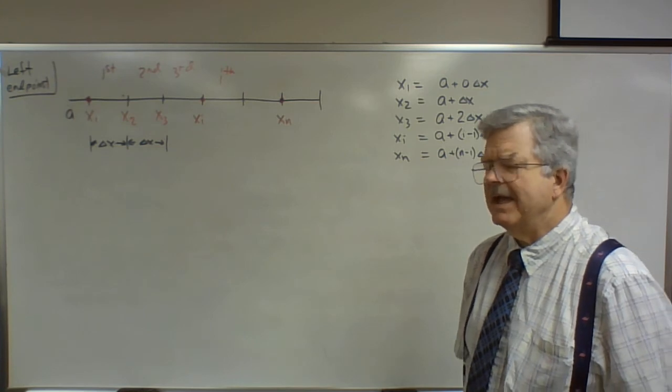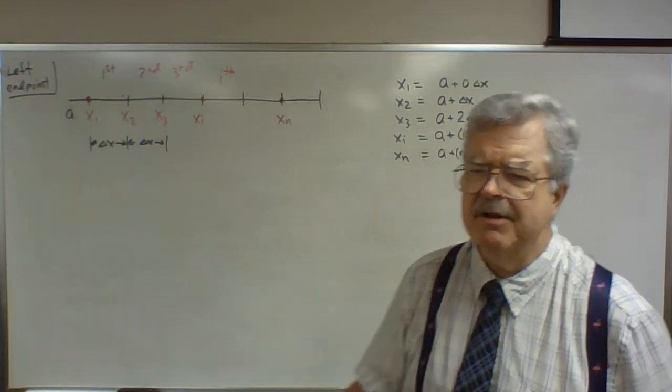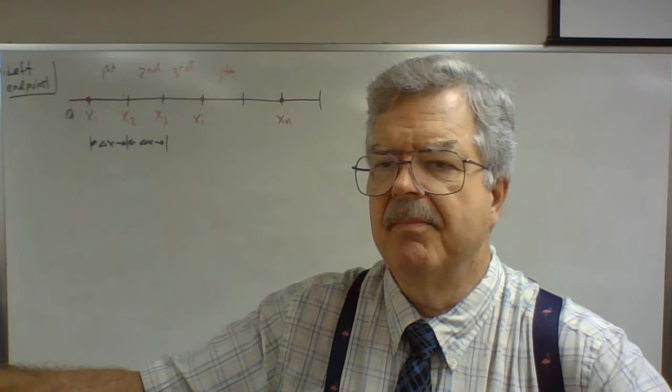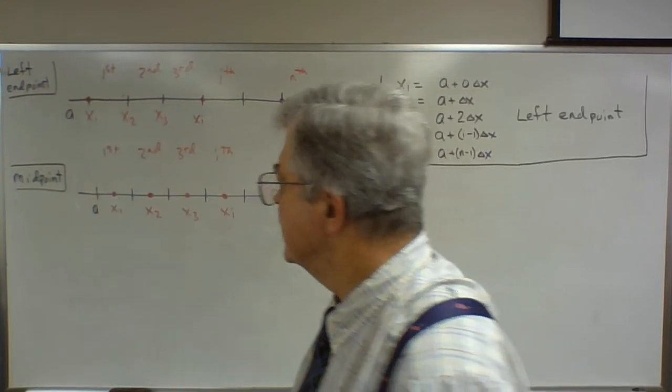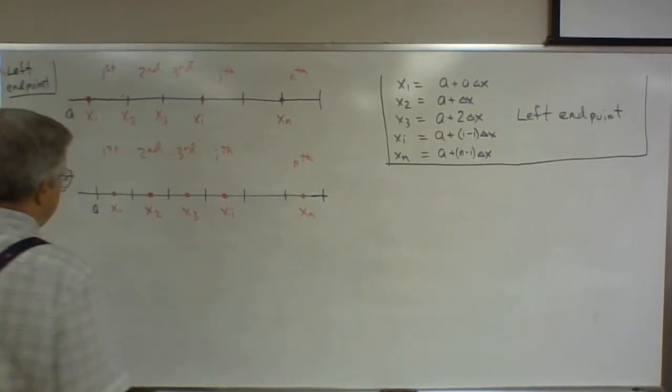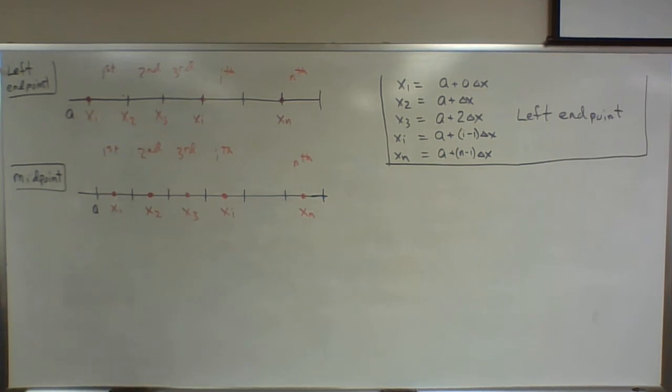What if we let x sub i be the midpoint of each subinterval? Okay, what about our midpoint? Here x sub 1 is the midpoint of the first subinterval. x sub 2 is the midpoint of the second subinterval, and so on.